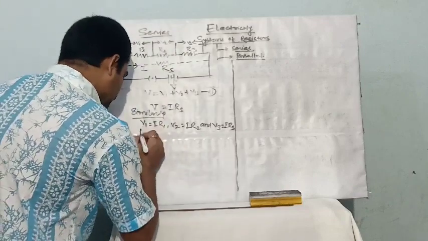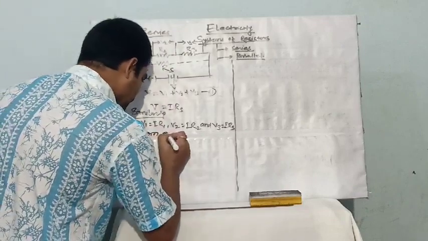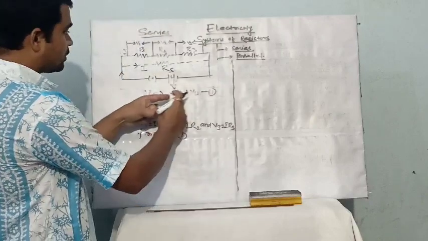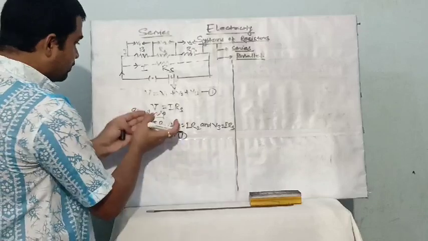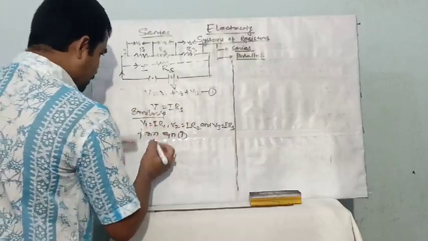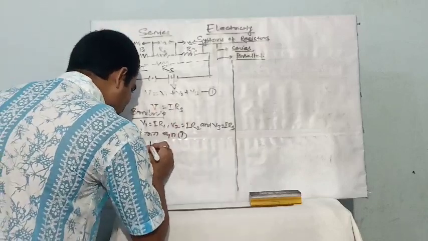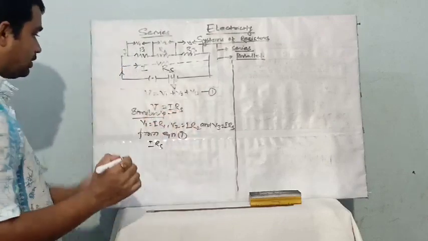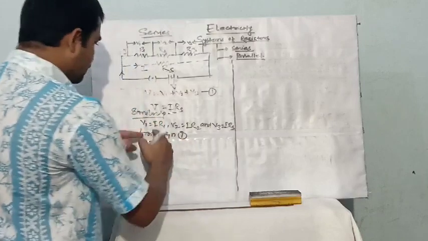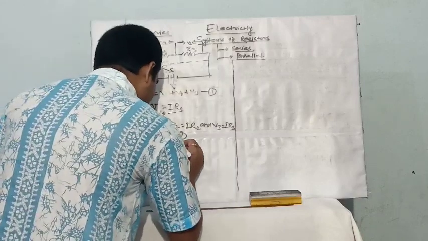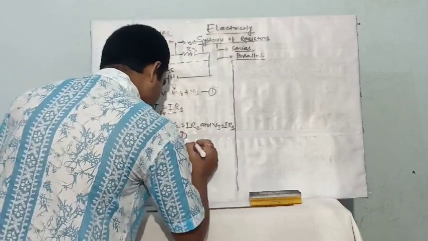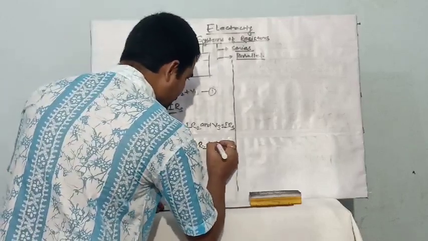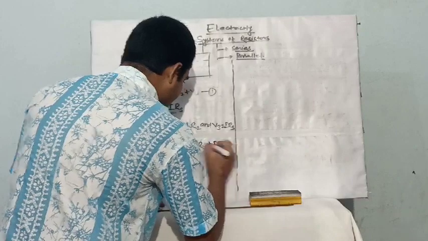From equation 1 we have V equal to V1 plus V2 plus V3. If we put in the values, for V we have I R S, because V equal to I R S. For V1 we have I R1, for V2 I R2, and for V3 I R3.